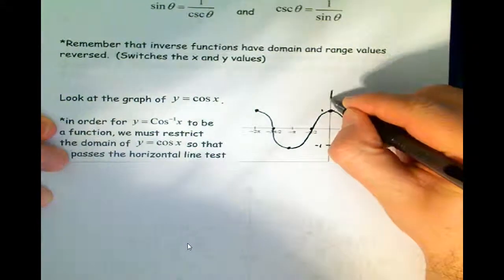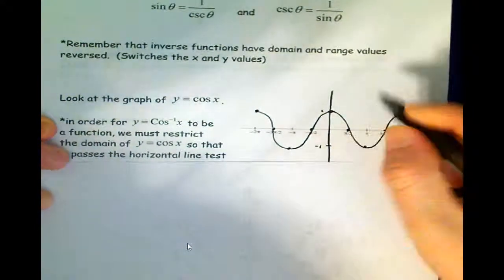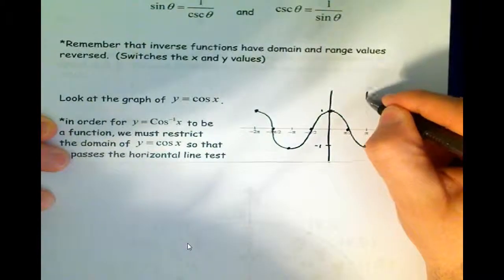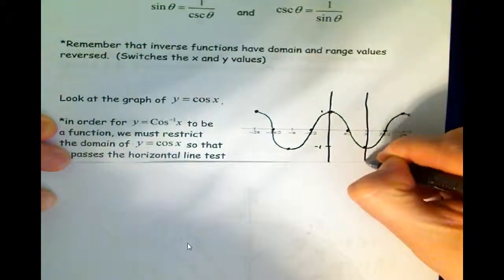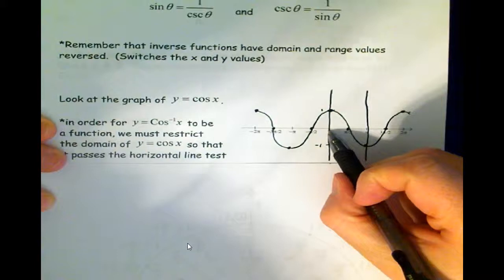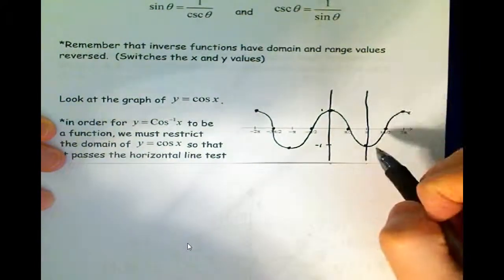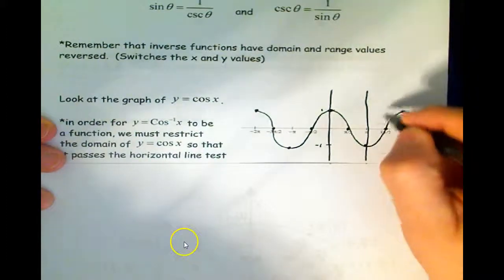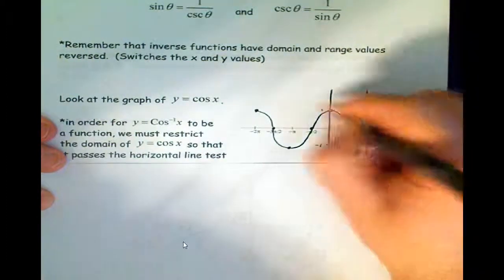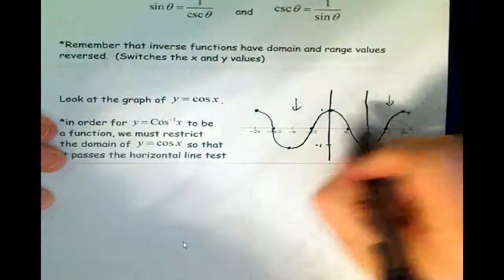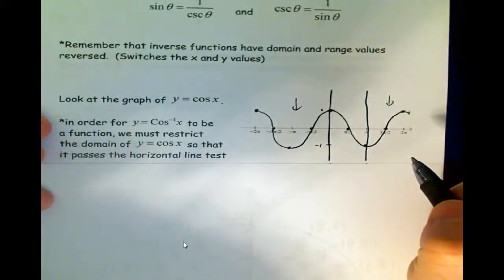So they cut this graph right here and right here. Okay, so between 0 and pi. They actually cut this graph into sections so that none of this other stuff outside of this box, so over here, none of that is actually there anymore.